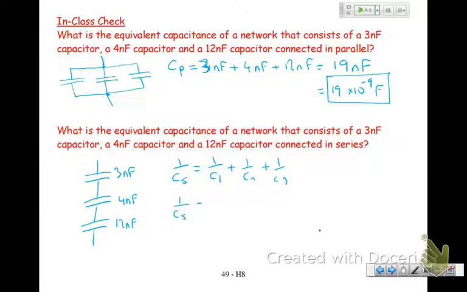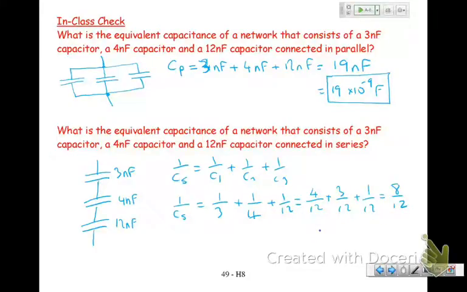So 1 over C series is equal to 1 over 3 plus 1 over 4 plus 1 over 12. You're probably flashing back to middle school doing these things, and you're going, well, hold on, common denominator is 12. So that's 4 over 12 plus 3 over 12 plus 1 over 12, which equals 8 over 12.